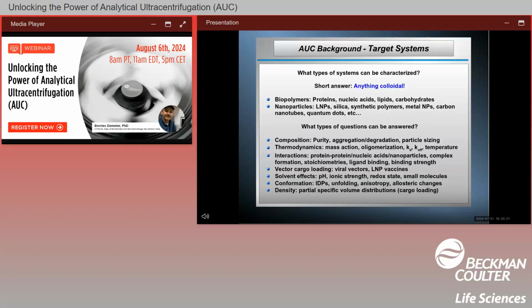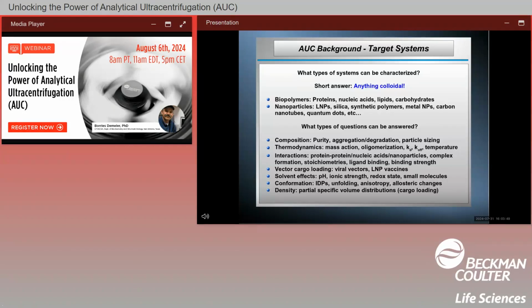Lipid nanoparticles are very popular. You may have heard about COVID vaccines, which are lipid nanoparticles that encapsulate messenger RNA, and there are many other uses for LNPs for vaccines. Silicon nanoparticles, synthetic polymers, metal nanoparticles, carbon nanotubes, quantum dots, and so forth. There are lots of different examples for that.